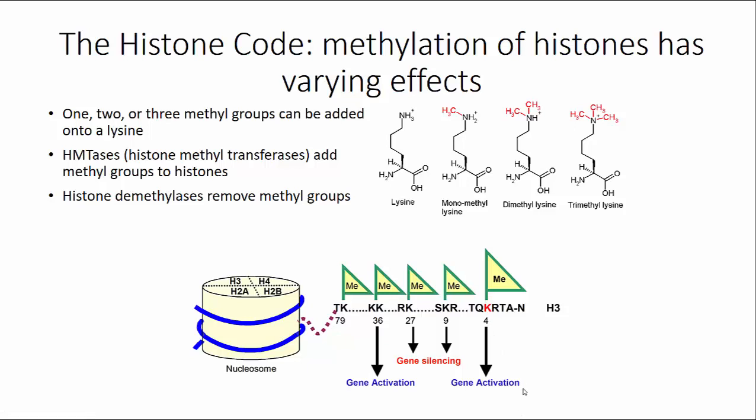It becomes more euchromatic. That increases the accessibility of the DNA and leads to gene activation. In contrast, lysine 9 and lysine 27, if those ones are methylated, those particular ones lead to gene silencing and a tightening up of the DNA with the histones, making it more heterochromatic.